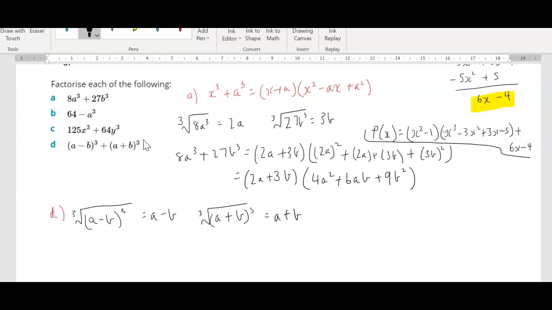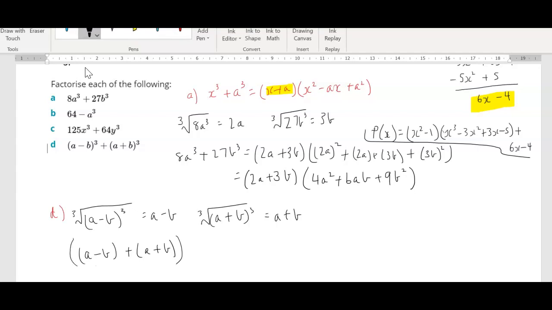So then we just substitute them in. I'm going to have a minus b, and I'm going to put brackets around it because we don't want to make a mistake. I'm just doing the x plus a part.